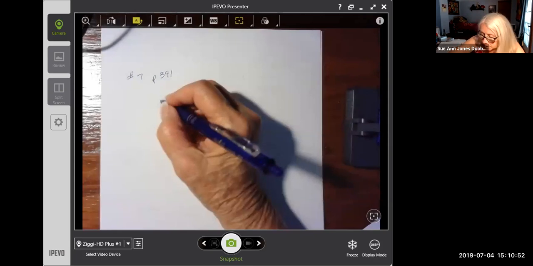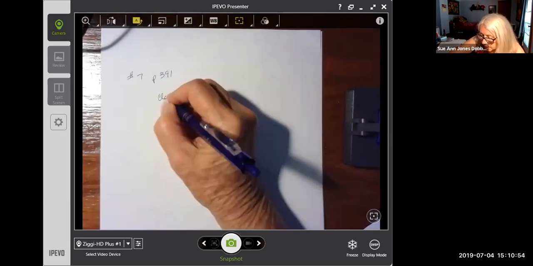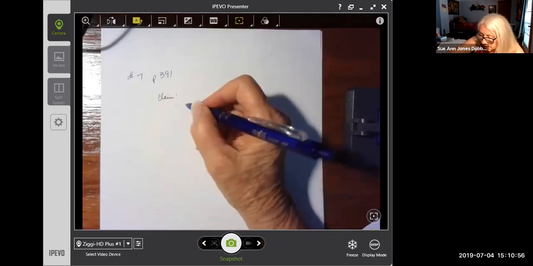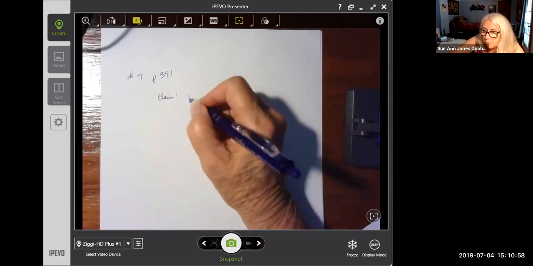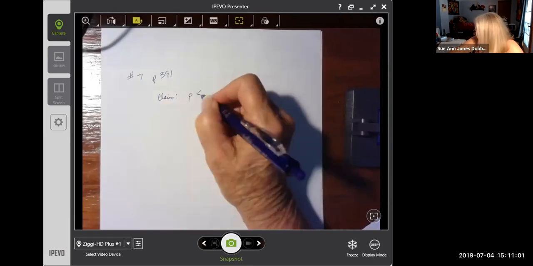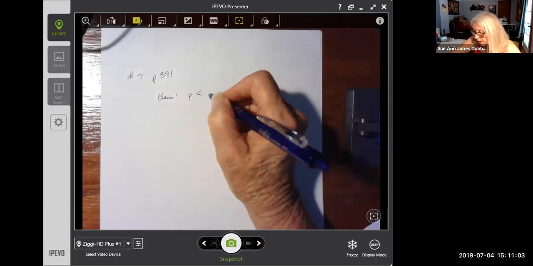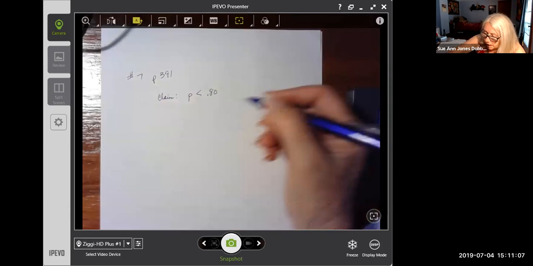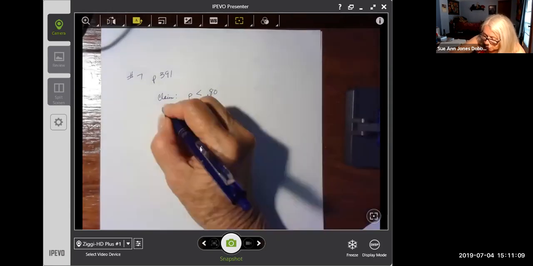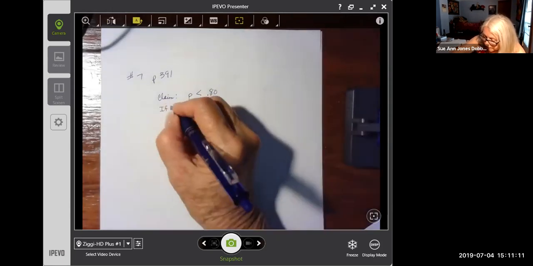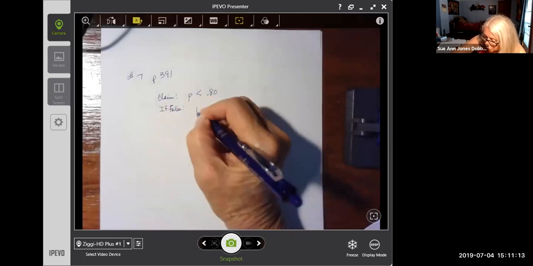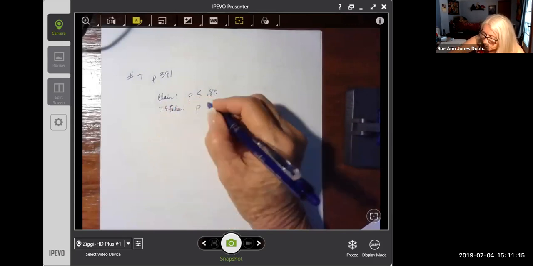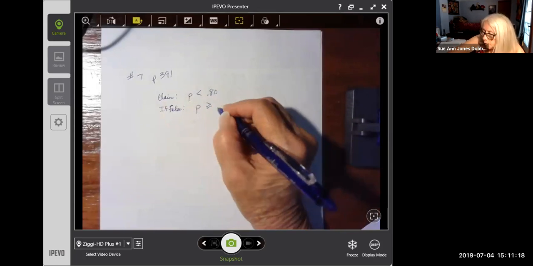So the claim is, and this is a proportions test, so the symbol is P, less than 80%, 0.80, okay? And then if that's not true, then the proportion must be either greater than or actually equal to 80%.